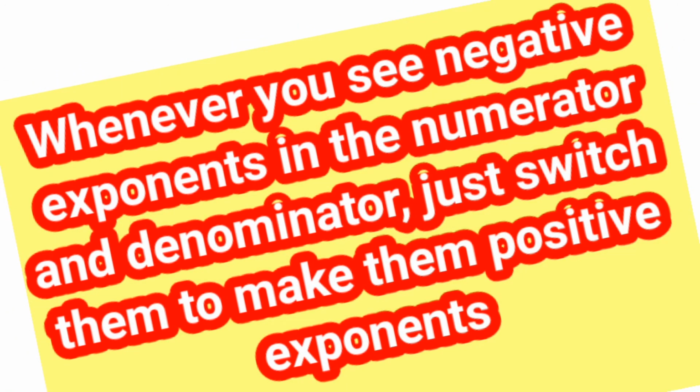Whenever you see negative exponents in the numerator and denominator, just switch them to make them positive exponents. 9m to the negative 2 power divided by 3n to the negative 3 power.